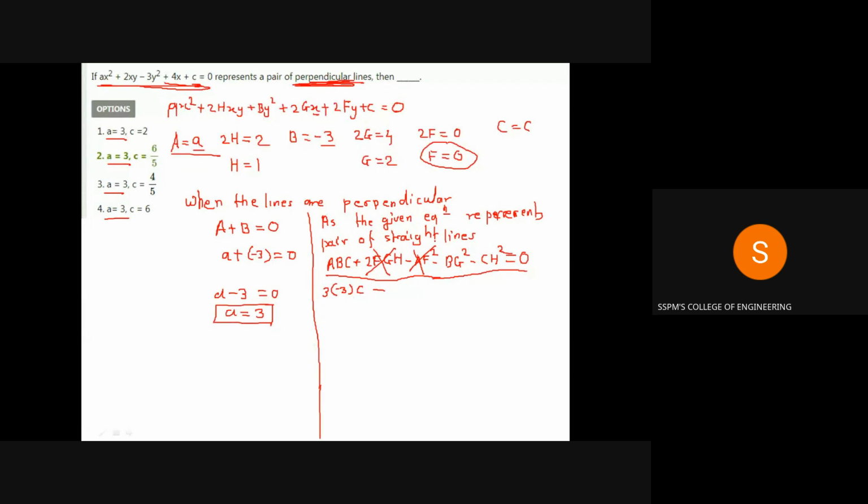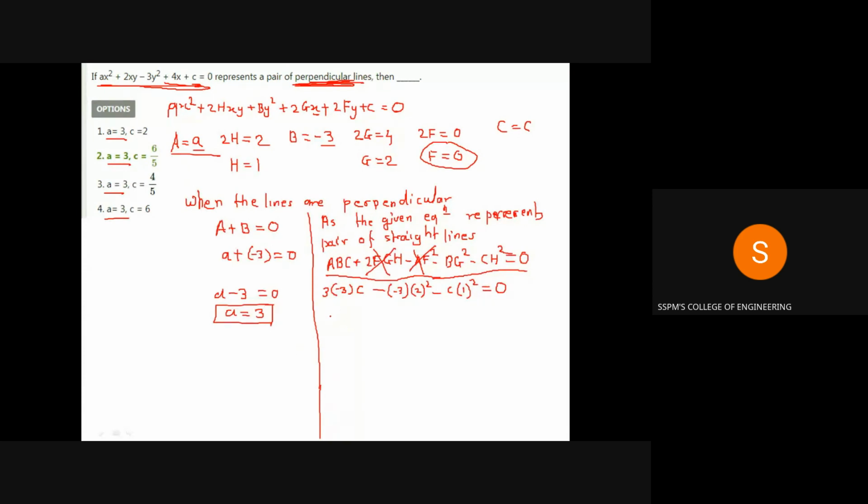Next term is minus BG square. Value of B is minus 3, and G is 2, so G square is 2 square. Minus CH square: C is small c, and value of H is 1, so H square is 1 square. This is all equal to 0.